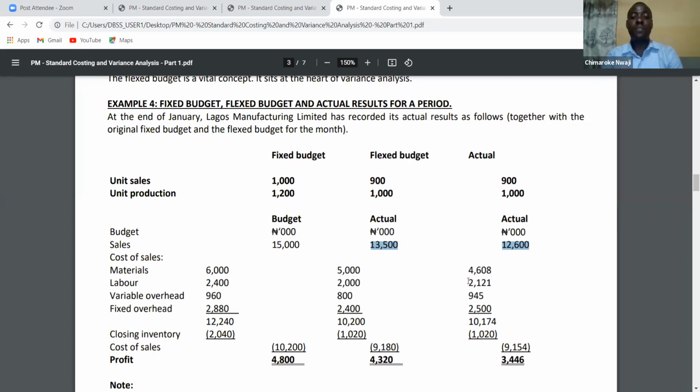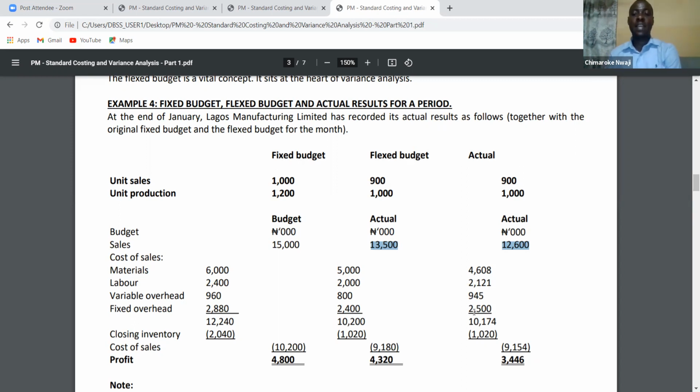When it comes to labor, actual now became higher, and so we have an adverse variance. We get down to variable overhead, actual now became higher. We also have an adverse. We get to fixed overhead, actual was higher, we had an adverse.